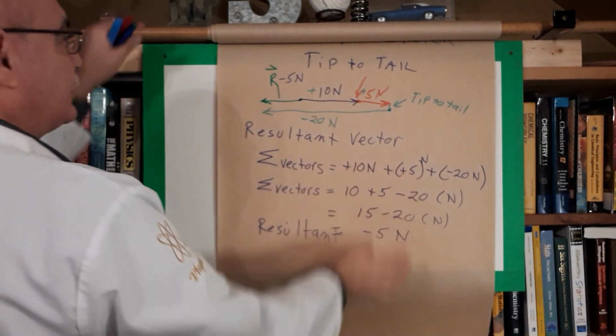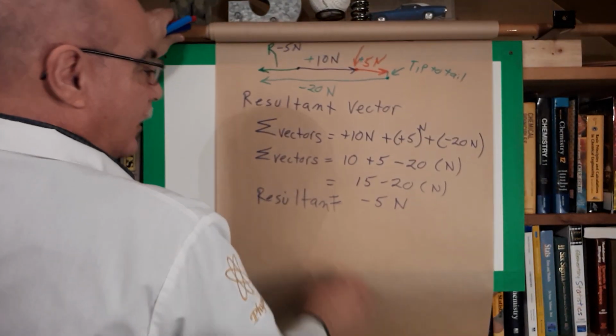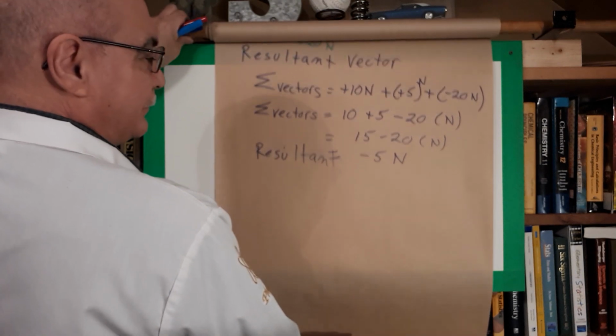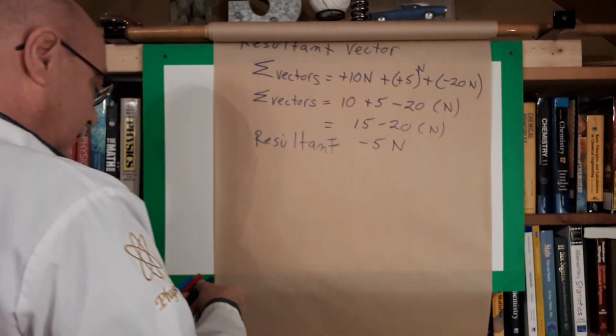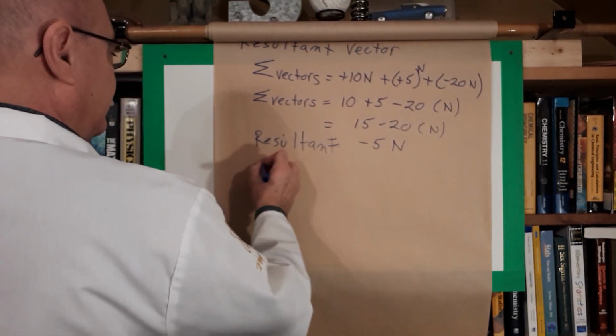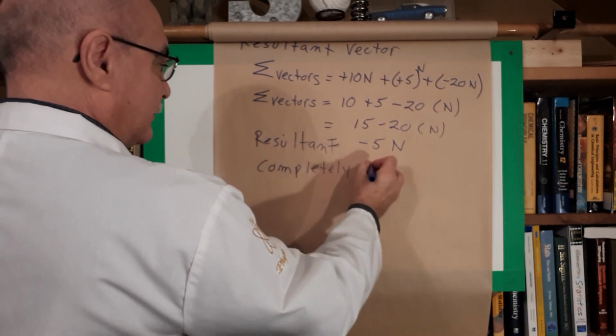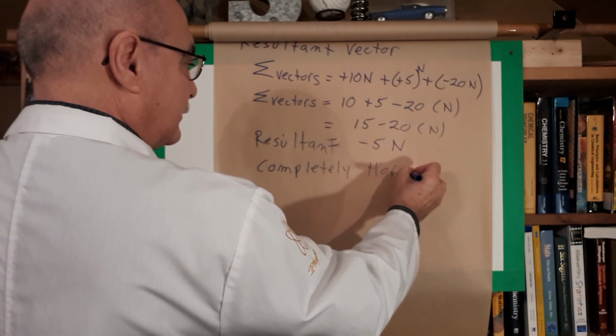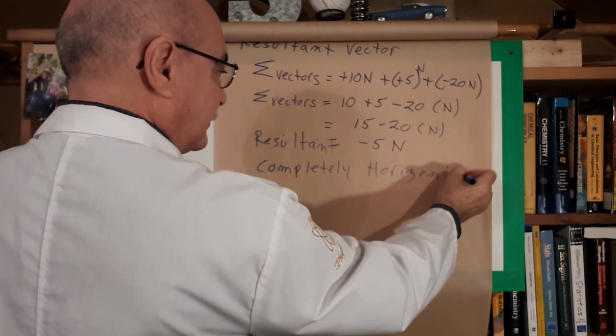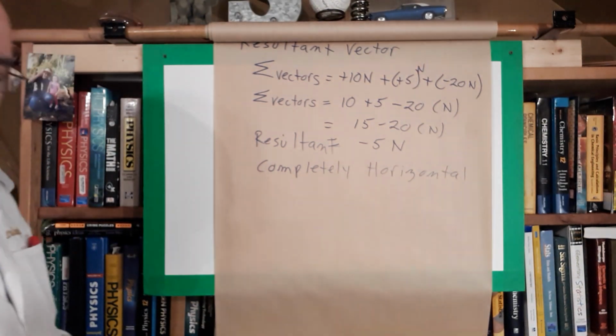So this is the summation of three vectors, all completely horizontal. It's easy.